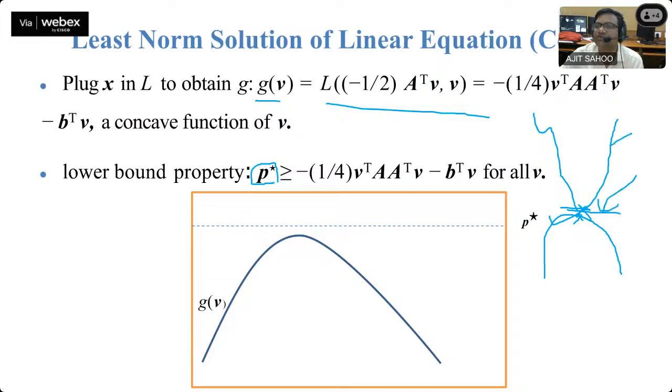Because the problem is non-convex, it is very difficult to solve. So you transfer this problem to the dual domain, which is a concave function, and find its maximum. At least you can say the minimum of the primal function cannot go below this maximum. That type of inference you can draw by using duality.